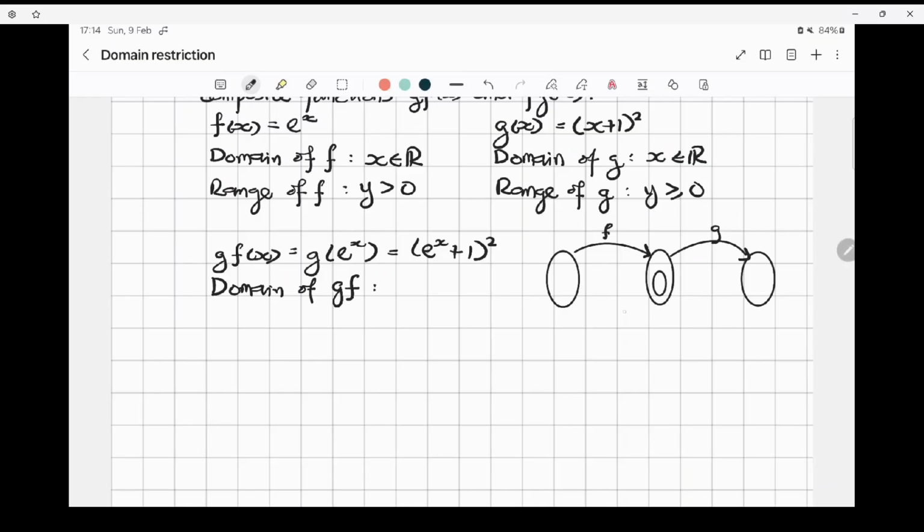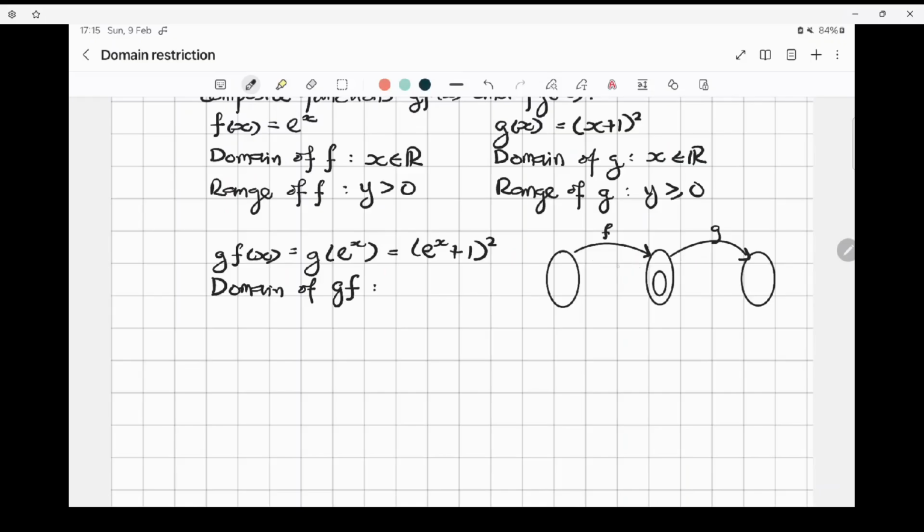So this is true. But because you have a smaller domain for g in this case, oops, sorry. I think it's better I don't draw the diagram. Okay, it's better I don't draw the line.